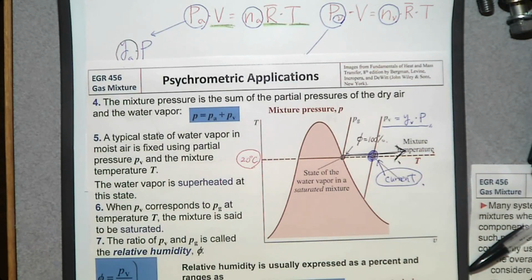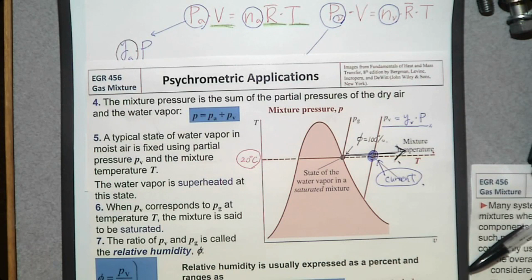If we heat the air in this classroom, its temperature goes up. However, the pressure in this classroom does not change, right? And if we don't add or remove water in this air, then the mole fraction stays the same.